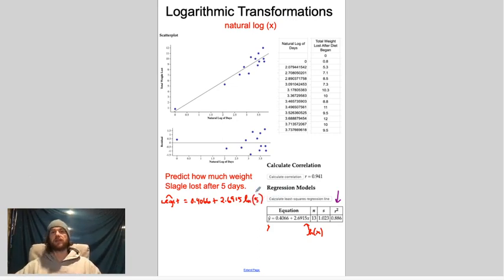Okay, that is the equation that we're using. So to get our predicted weight, we just have to simplify down and see what this boils down to. So when we do that, we get our predicted weight equals 0.4066 plus 4.3318.